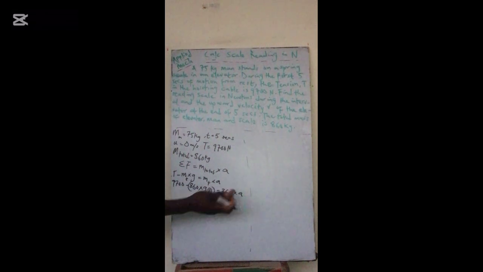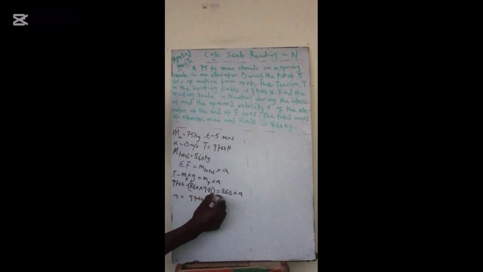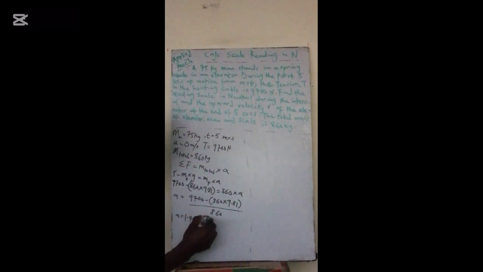So we can make A the subject of the formula by saying A is equal to 9,700 minus open bracket 860 multiplied by 9.81, close bracket, all over 860. So when you calculate that on our calculator, we are going to be having 1.469 meter per second squared.